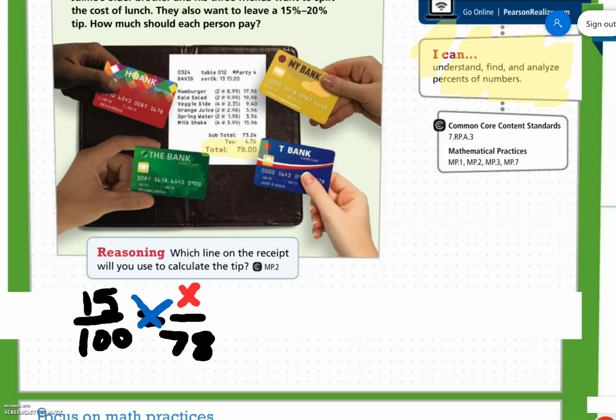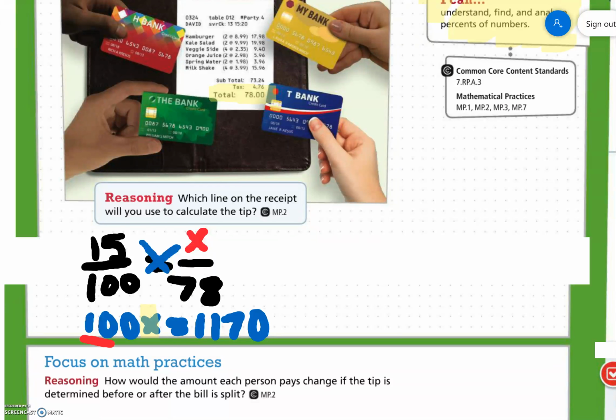One way we can do it is by cross multiplying. That would give us 100 times x, which is 100x, equals 78 times 15. Now, 78 times 15 equals 1,170. To get x by itself, the 100 is being multiplied to the x, so we need to divide it. That will cancel it out.